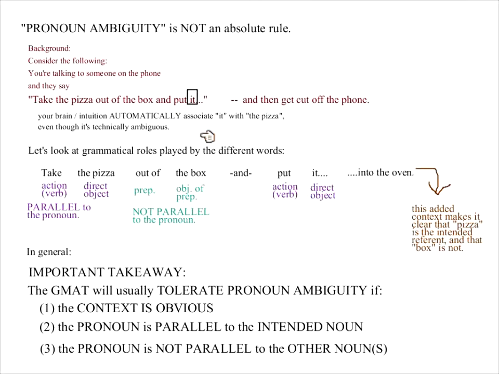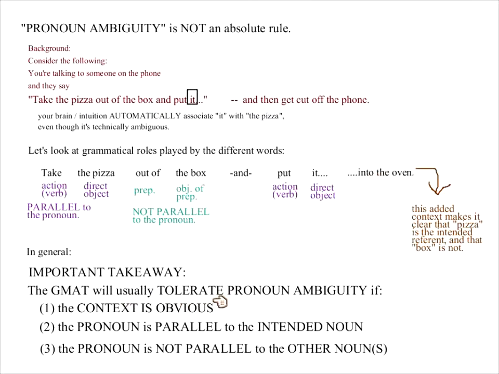So this sentence, once we have this here, notice that you guys automatically, viscerally made this association. But if you also have a context that clarifies what's happening in this problem, then it will always work to the benefit of the pronoun.